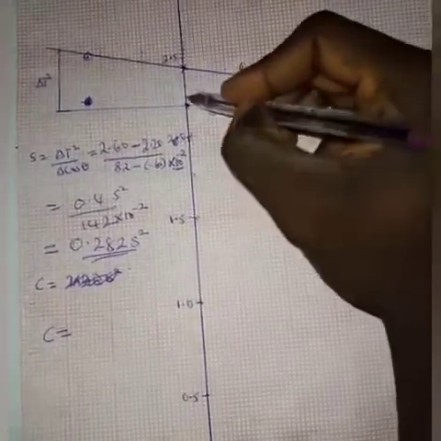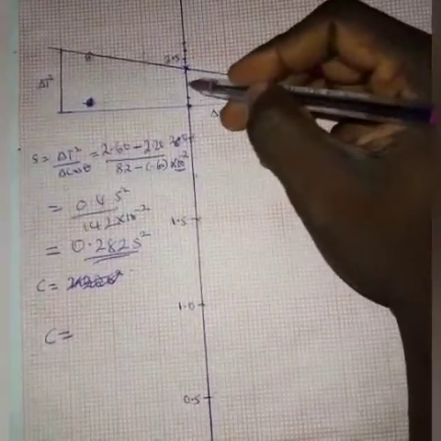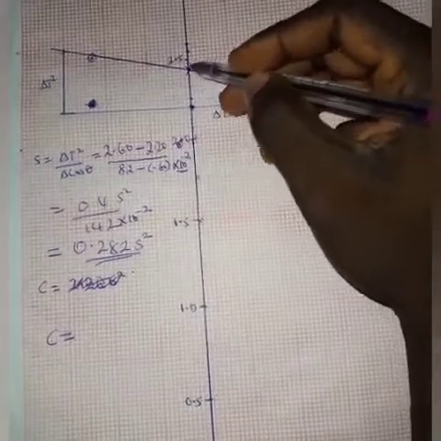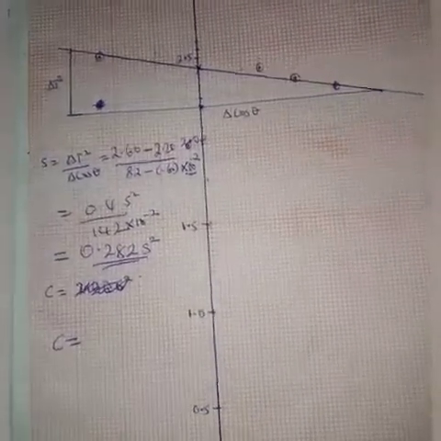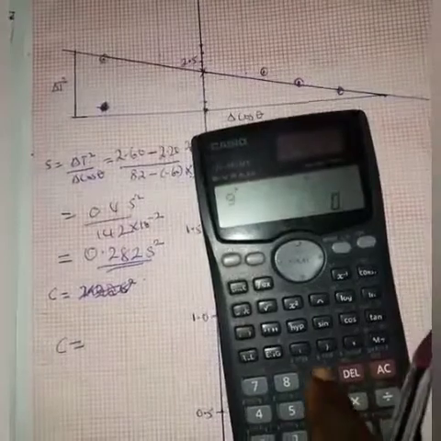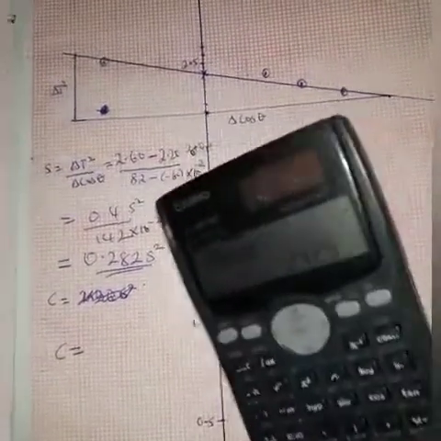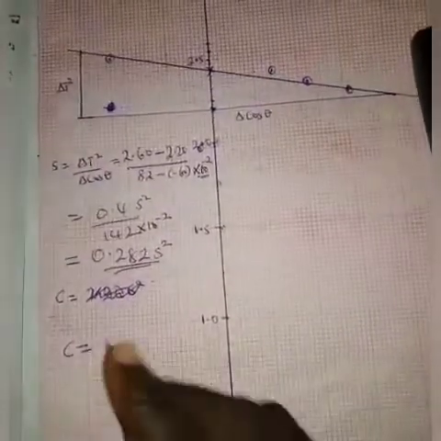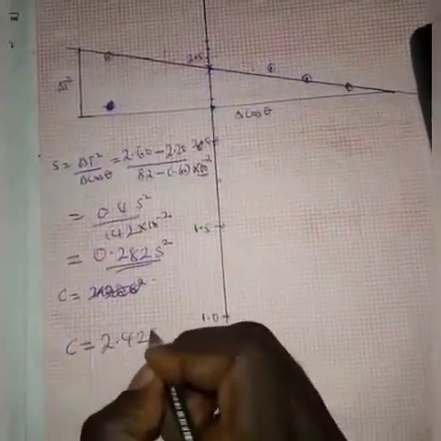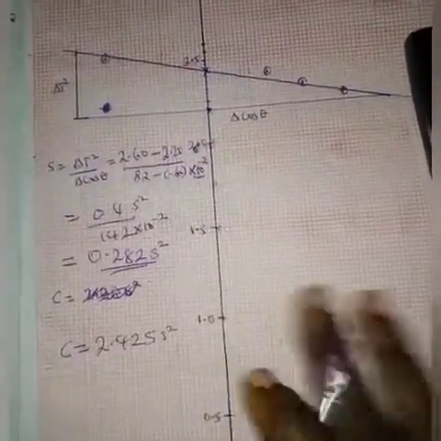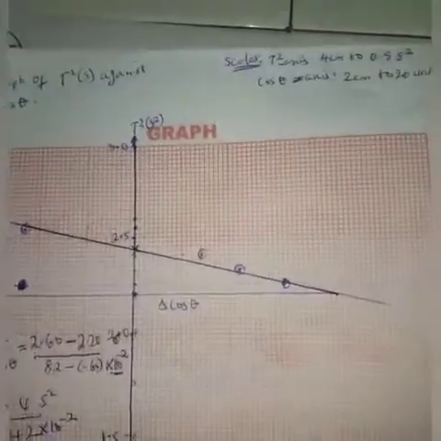Okay, so this is my 90, 91, 92, 93, 94, 95, 96, 97. So I'm going to have 97 divided by 40. That's 2.425. 2.425 seconds squared.